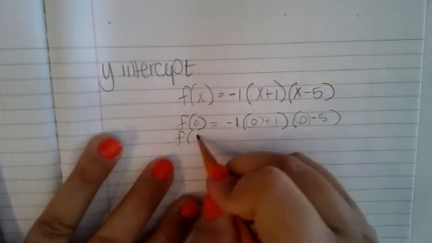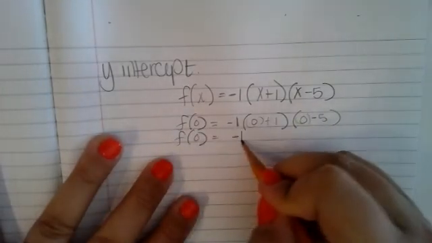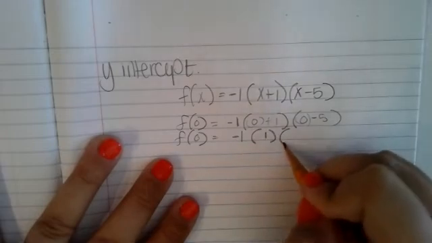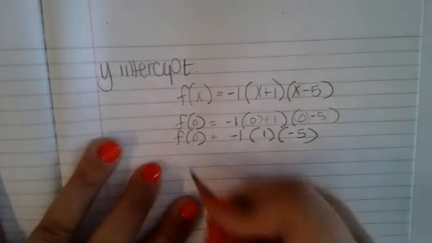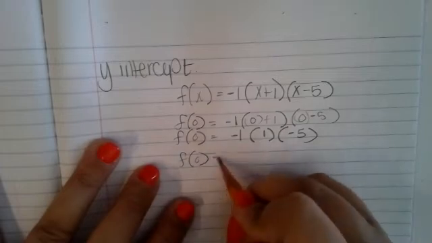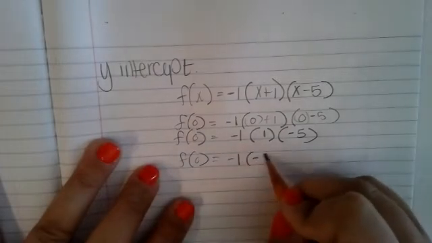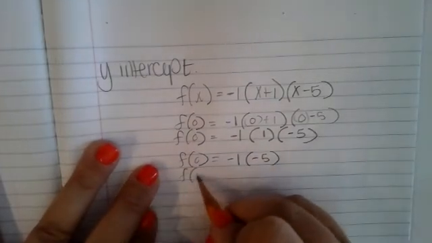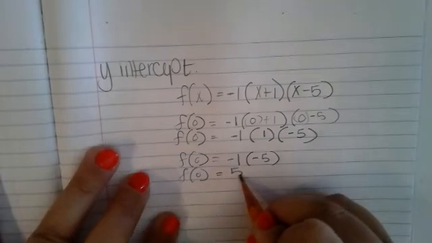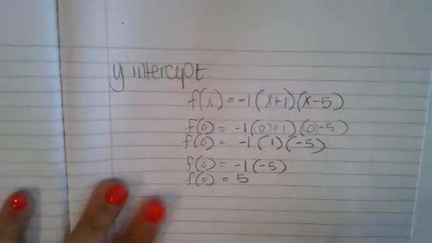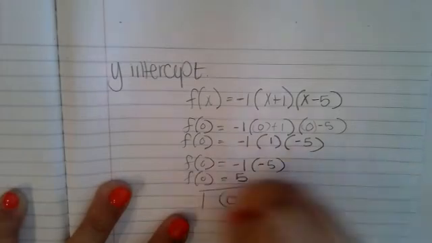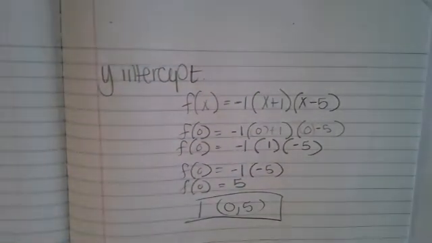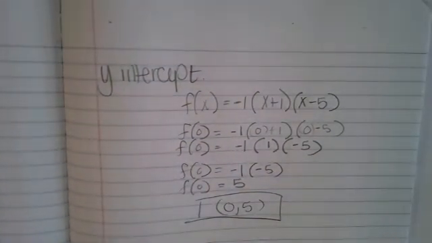So f of 0 is equal to -1 times 1 times -5, which is -1 times -5. So f of 0 is equal to 5, and my y-intercept is (0, 5). So that there is my y-intercept.